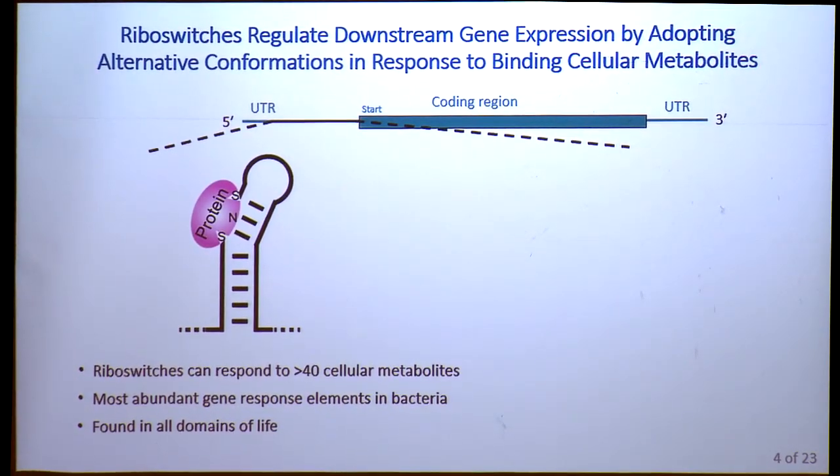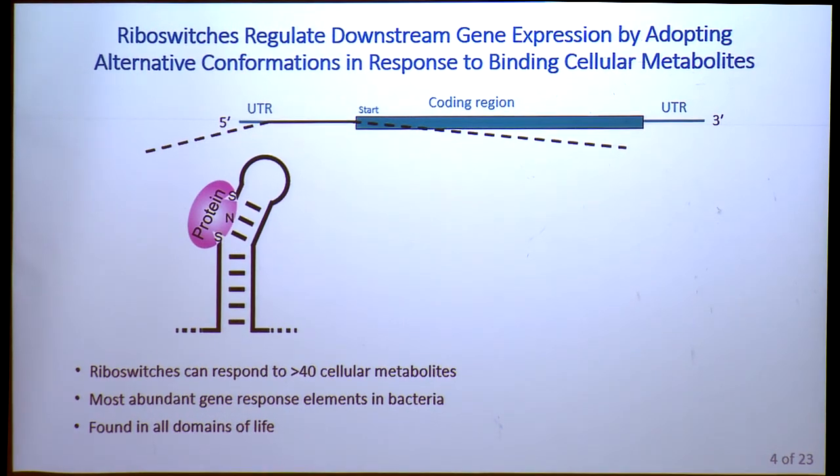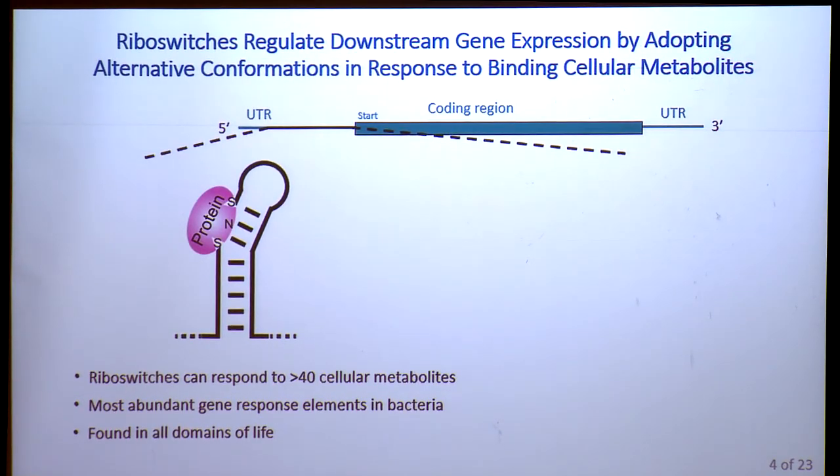So originally, one way that bacteria can do this is on the level of translation. Bacteria have evolved certain regions in the 5' untranslated regions of protein-coding genes where repressor proteins can actually interact with certain regions of the mRNA and repress the expression of downstream genes that actually code for that repressor protein.